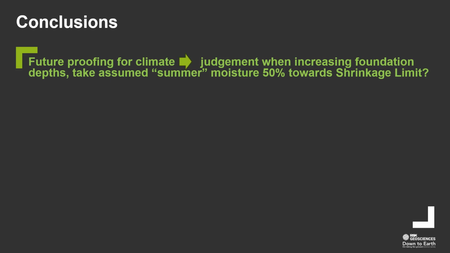So in conclusion, future-proofing for climate. Really, it's hard, isn't it? A judgment call on how much deeper you should really take a foundation on the potential for there to be a future problem.